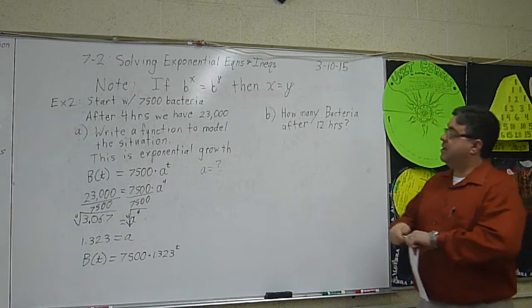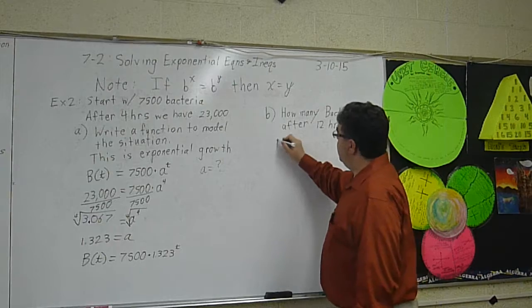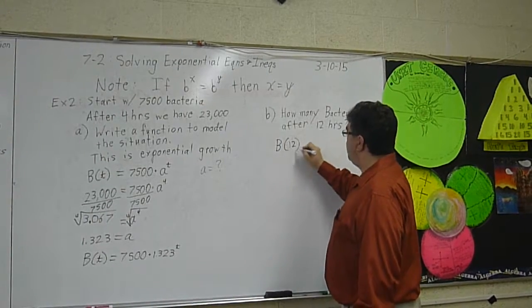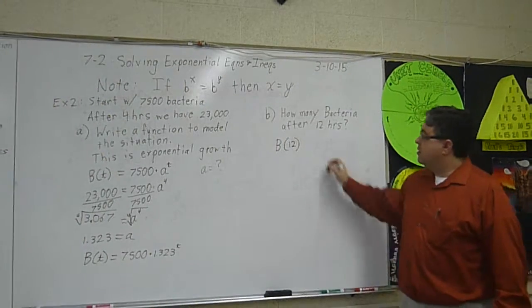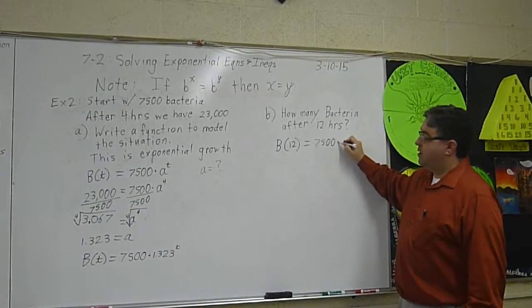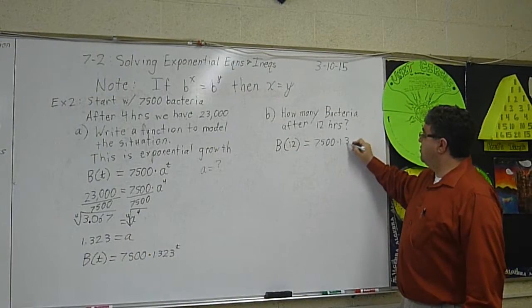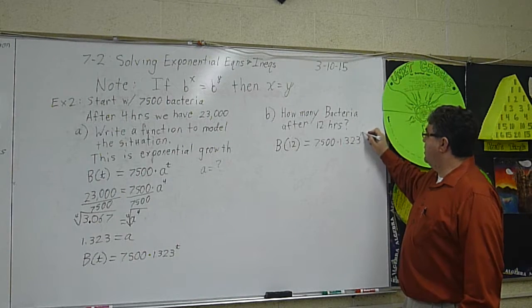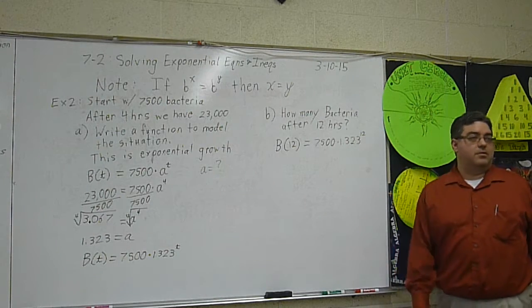So how many bacteria after 12 hours? Well, that means we're looking for B of 12, which is 7,500 times 1.323 raised to the 12th power.